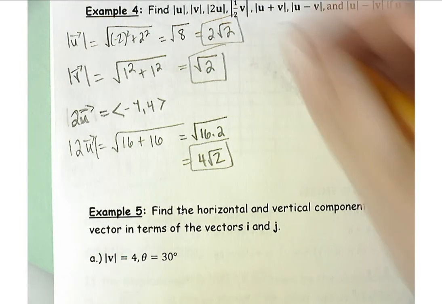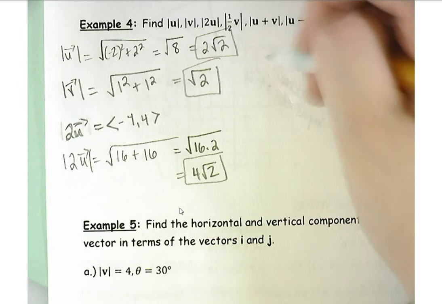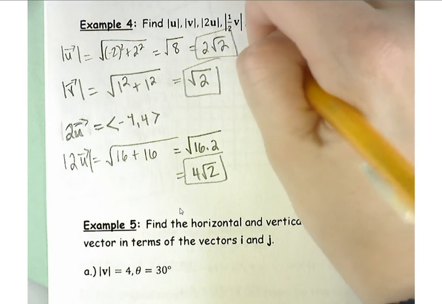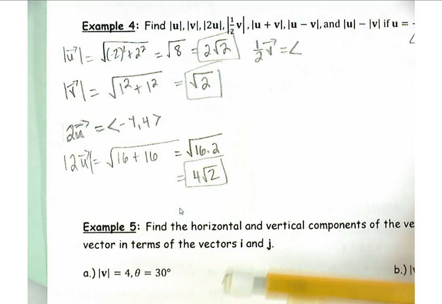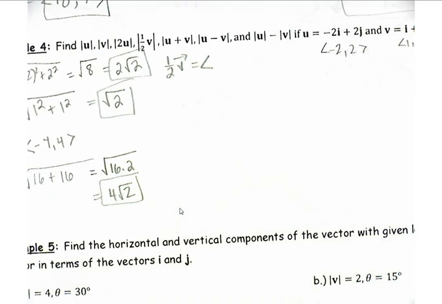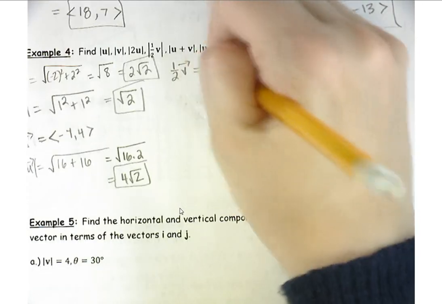Okay, and then if you have 1/2 v, first I'm going to find the vector. If I take half of 1, 1, I'm just going to get 1/2, 1/2.